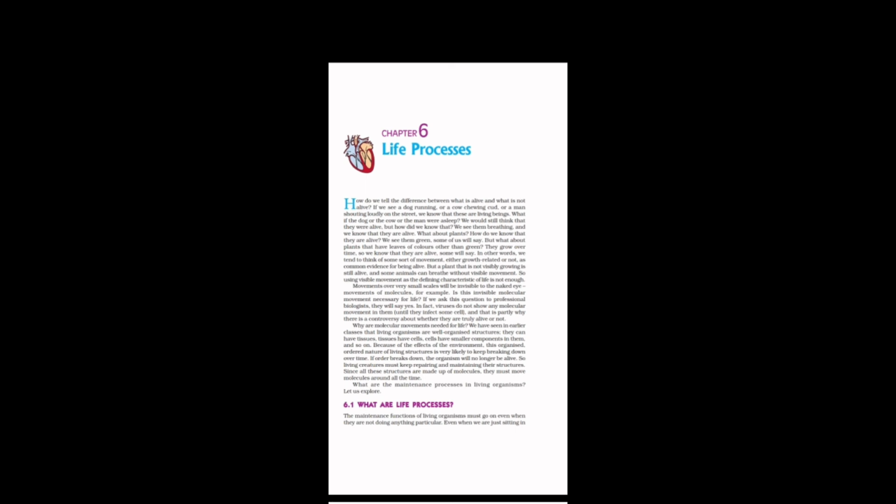In other words, we tend to think of some sort of movements, either growth related or not, as common evidence for being alive. But a plant that is not visibly growing is still alive, and some animals can breathe without visible movement. So using visible movements as the defining characteristic of life is not enough.